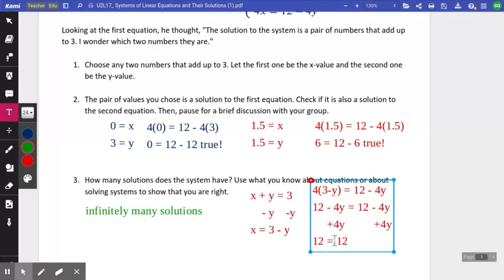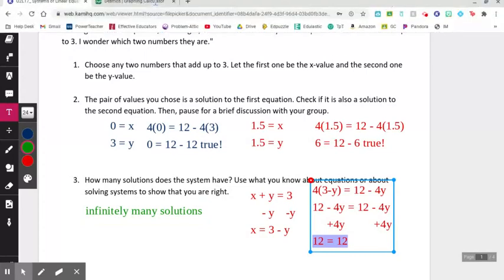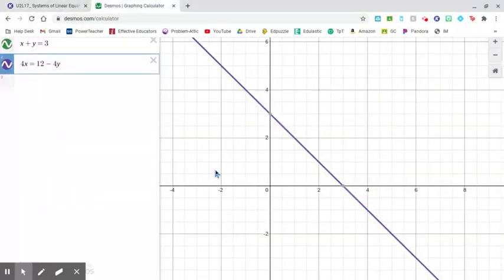They eliminated, and I was left with 12 equals 12. If you're left with a statement that's true, like 12 equals 12, 100 equals 100, 5 equals 5, if all those variables eliminate and you're left with something that's true like that, that tells us there's infinitely many solutions. And then the last way is what we were doing here.